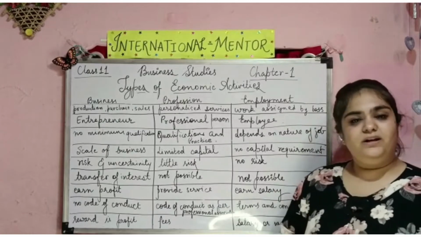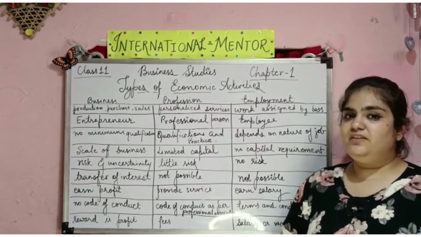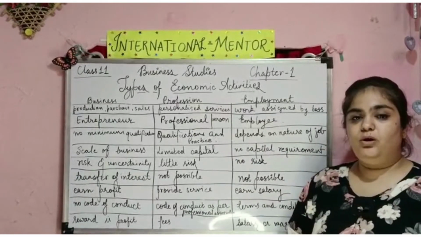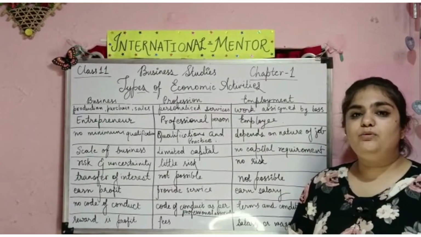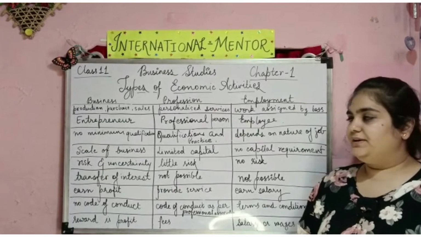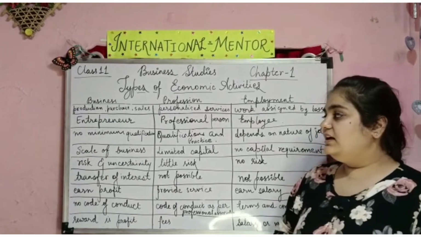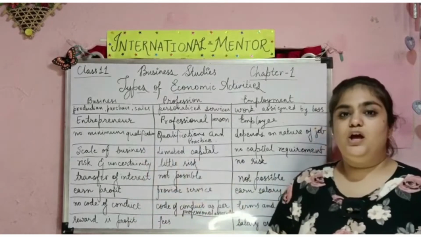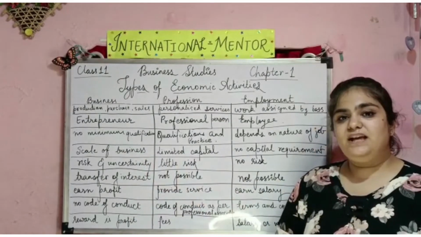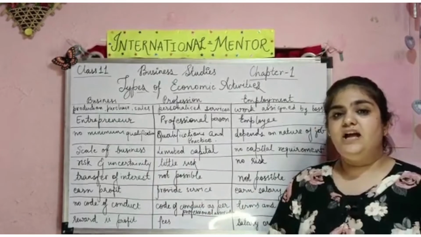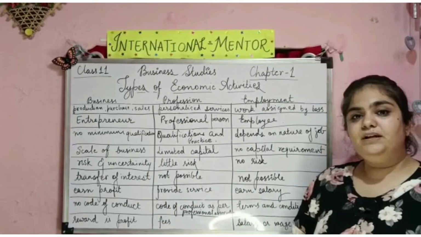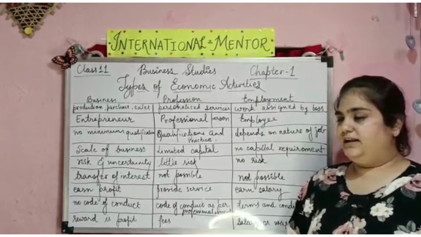The more qualifications, the more professional we are. In employment, it depends on the nature of the job how much qualification is required. In business, the capital depends on the scale of business. So basically, the business can be of large scale and it can be of small scale also. So the capital requirements depend accordingly.